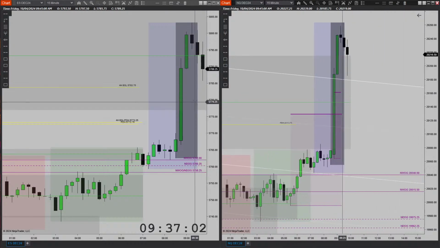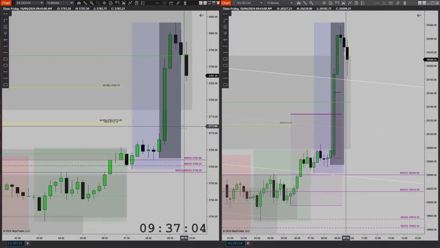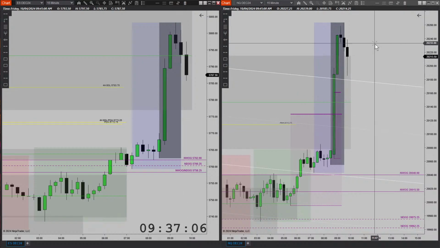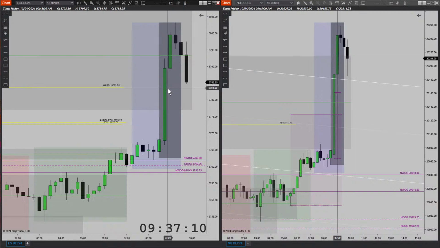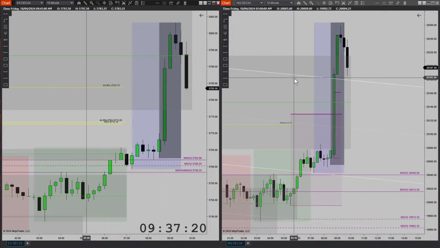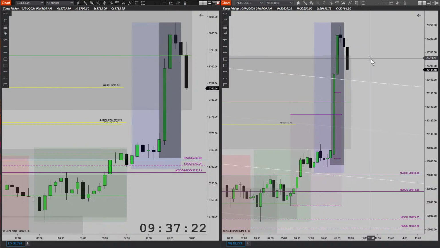Two areas here. Yep, I like ES a lot. I mean, I like ES a lot better than I like NQ. But still watching here.